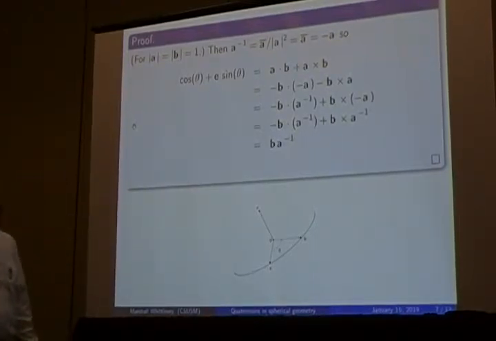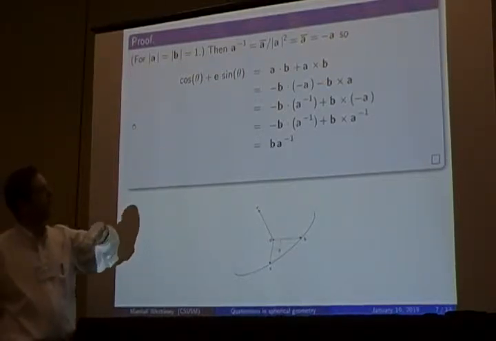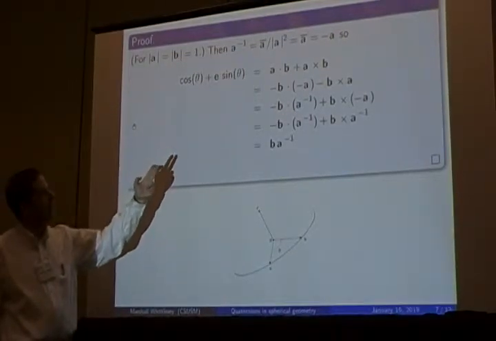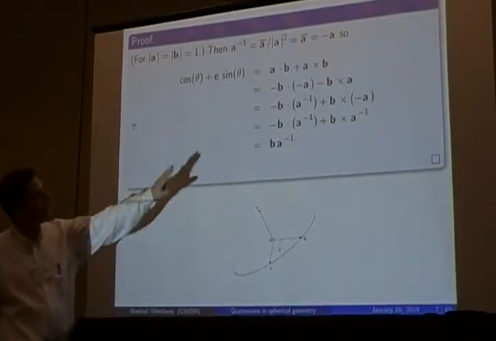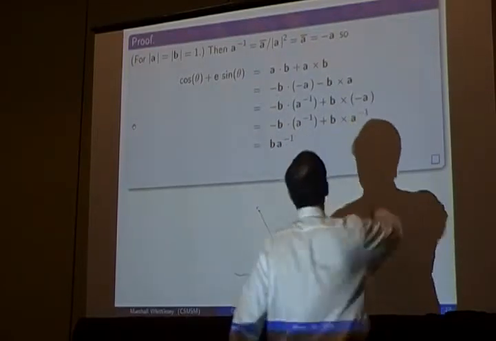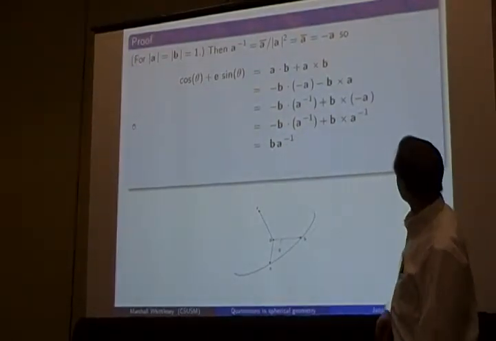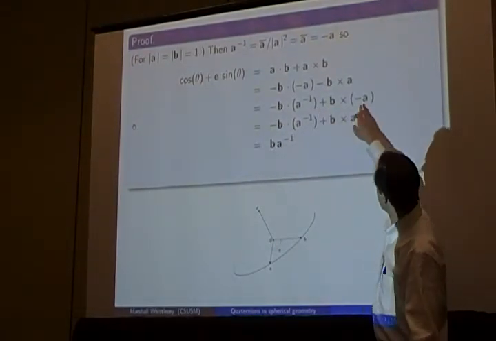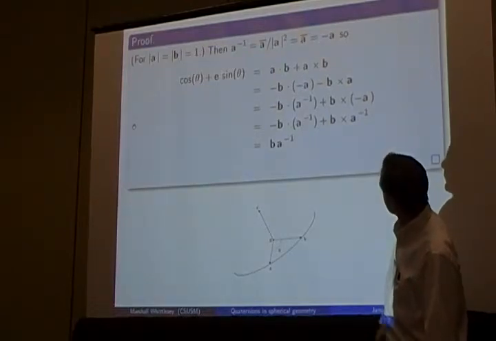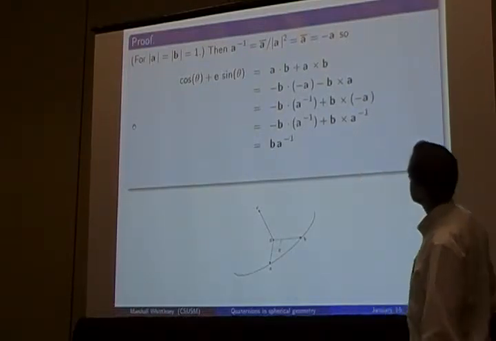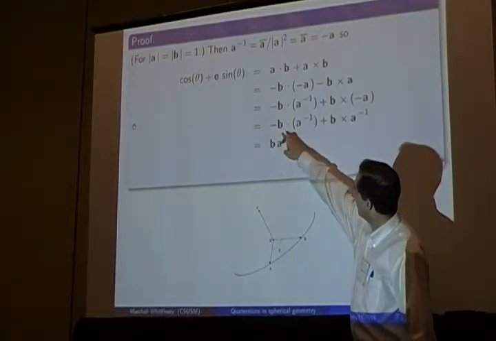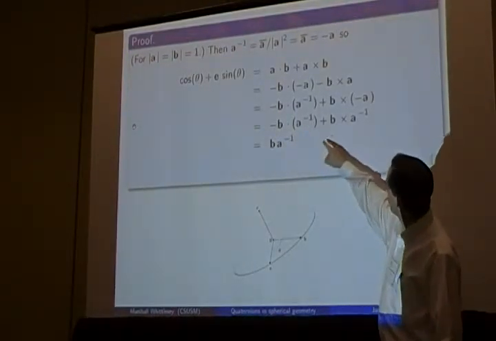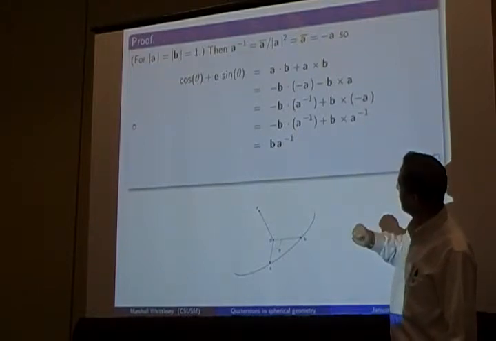Okay, and so then we just have to fiddle around a little bit with signs. A dot B is minus A inverse dot B, and then B dot A is minus B dot minus A, double minuses give us plus. The cross product is anti-commutative, so A cross B is minus B cross A, and then put that minus in there with the A, convert the minus A to A inverse, and what we get from all of this fiddling is minus B dot that thing plus B cross that thing.